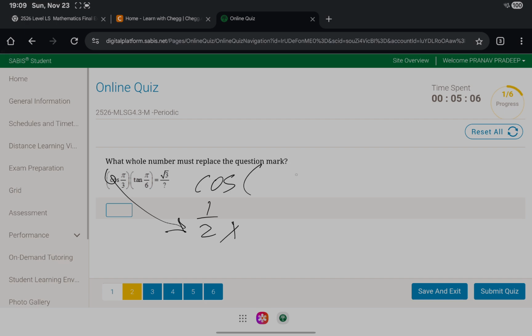So put tan 180 divided by 6, and then you'll get radical 3 over 3. So you multiply these two, and you get radical 3 over 6. So the whole number that you have to replace it with is 6.